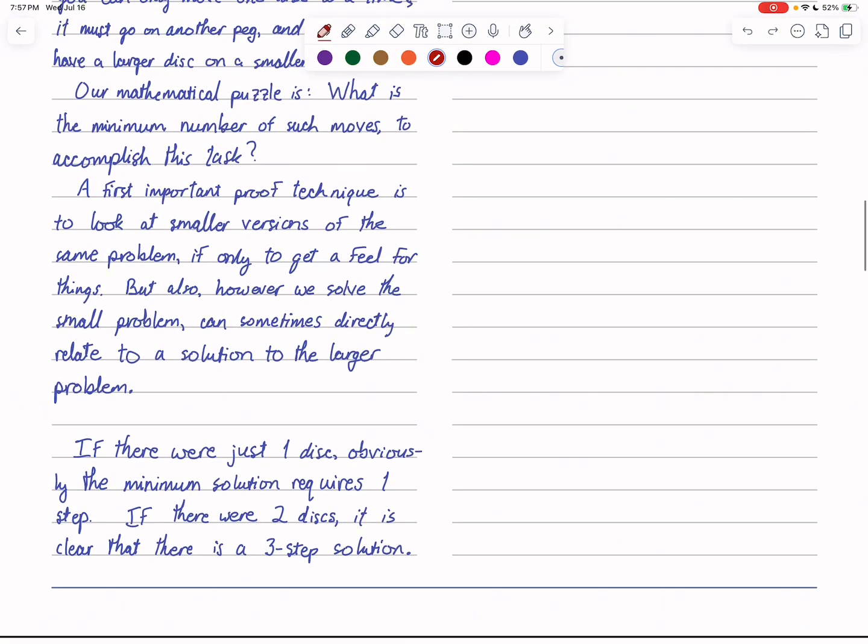Now there is just the puzzle, but then there's also this mathematical question that we can ask. What is the minimum number of moves that you could do to solve the Tower of Hanoi problem?